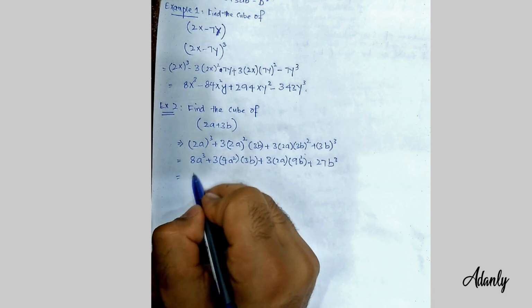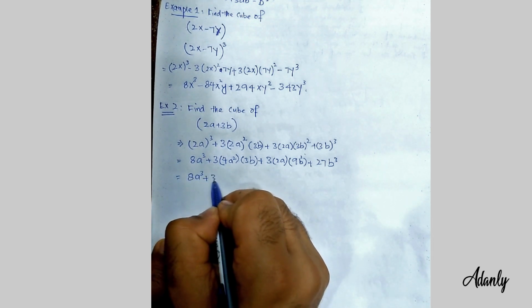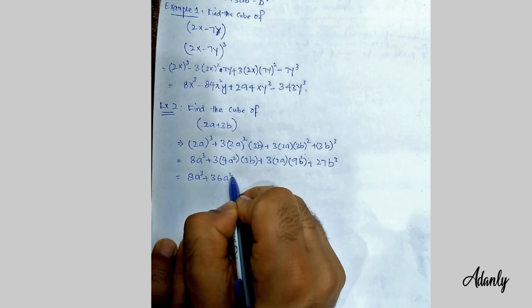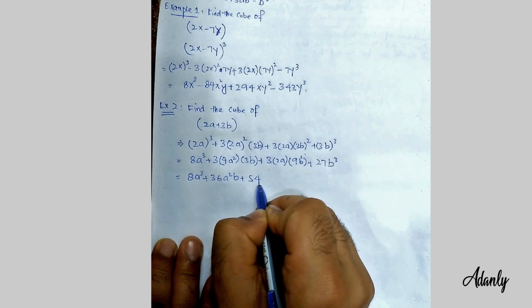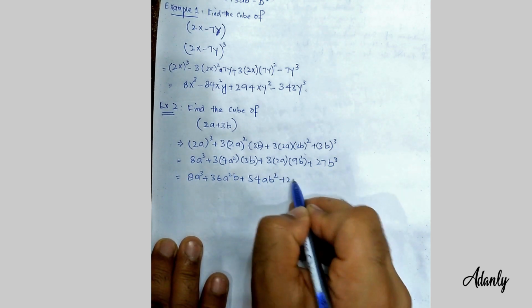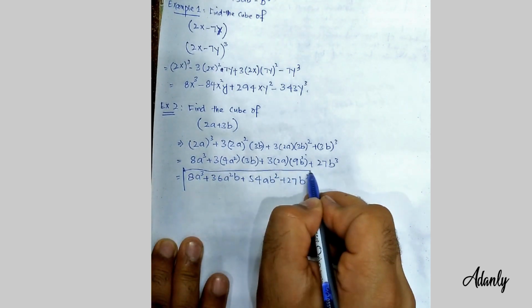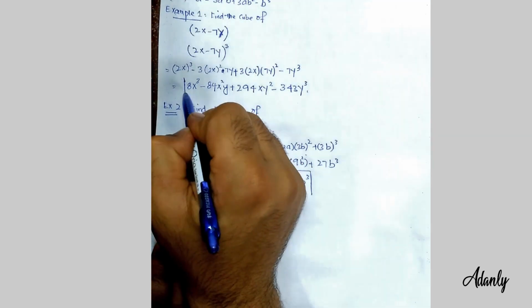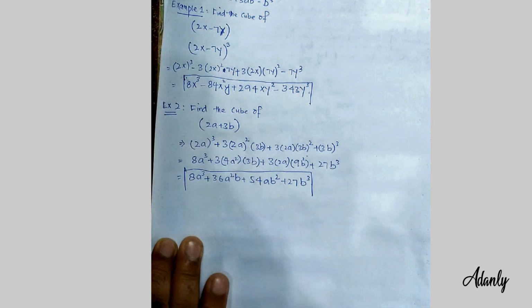Simplify it further, it will give 8a cube plus 36a square b plus 54ab square plus 27b cube. So this is the required answer of example number 2.